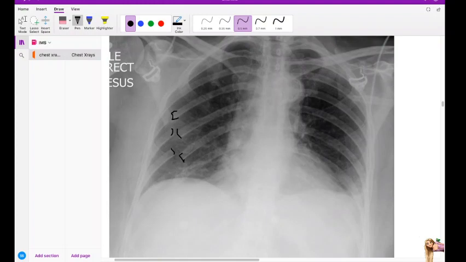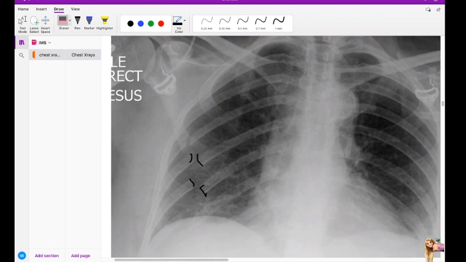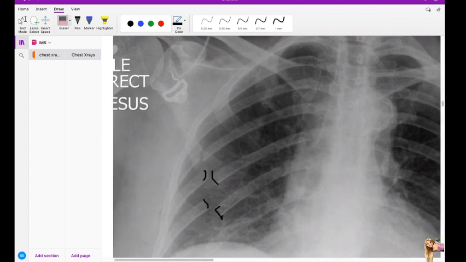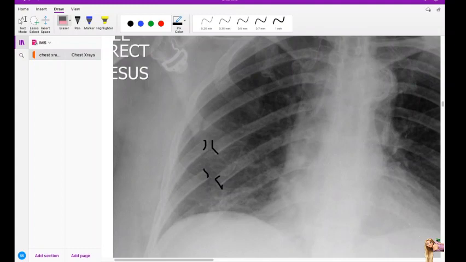Over here, this and this. Yeah, there are three ribs. Two ribs should be broken at two places. That is the thing.